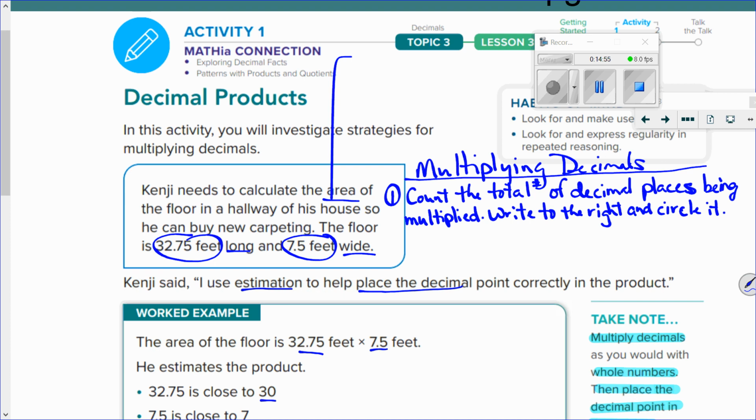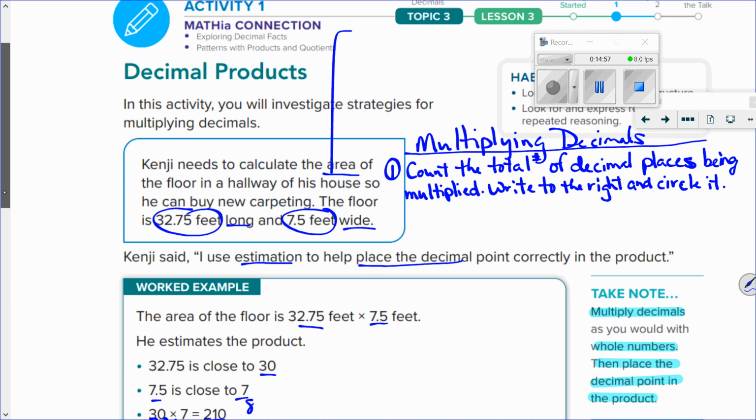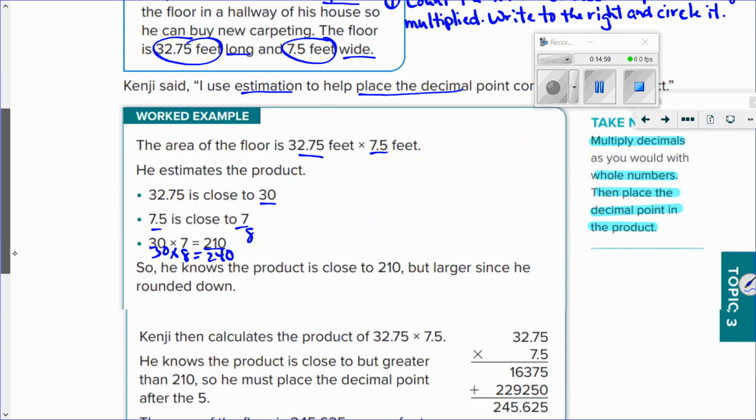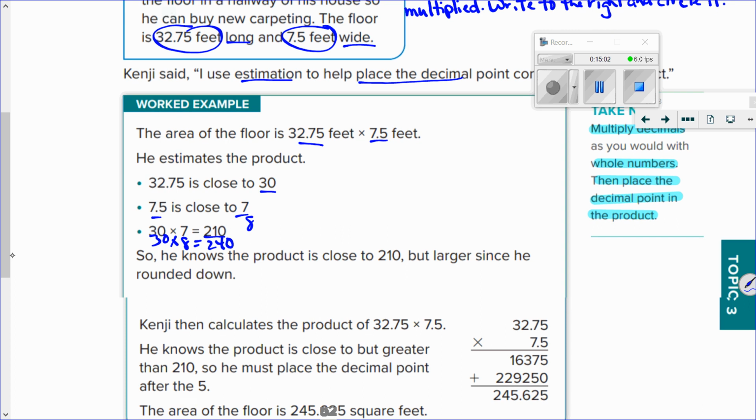Okay, so for our example, we'll use the one that they've given us. I'm multiplying 32 and 75 hundredths times 7 and 5 tenths. I count. How many total decimal places do I have?